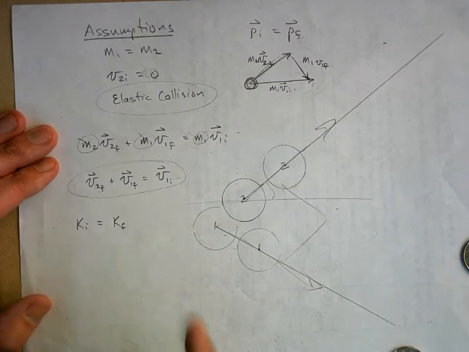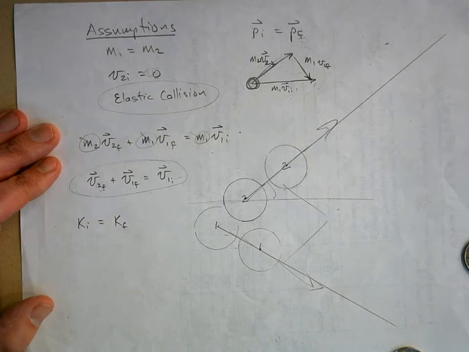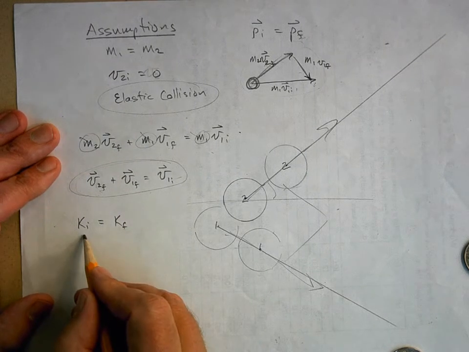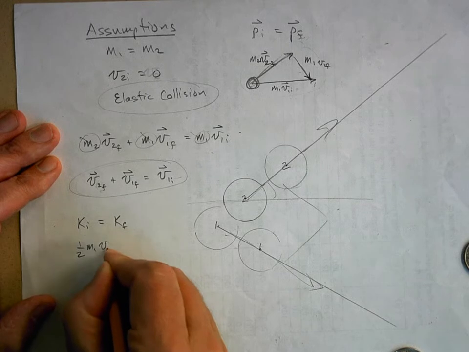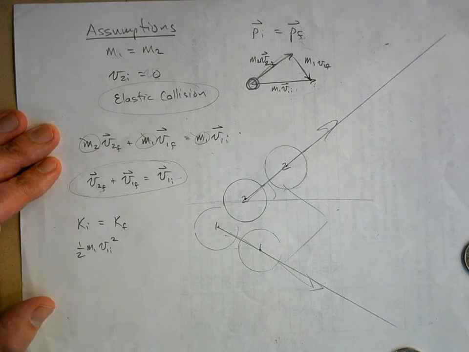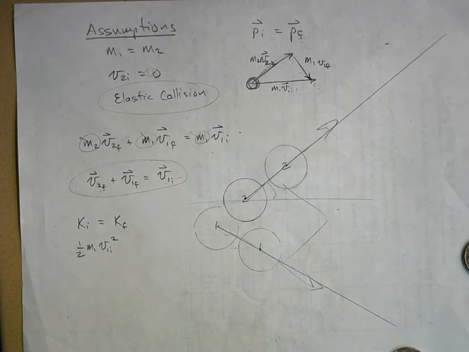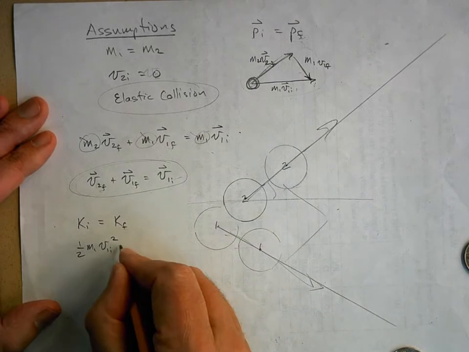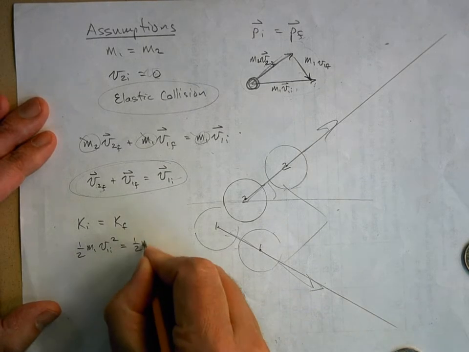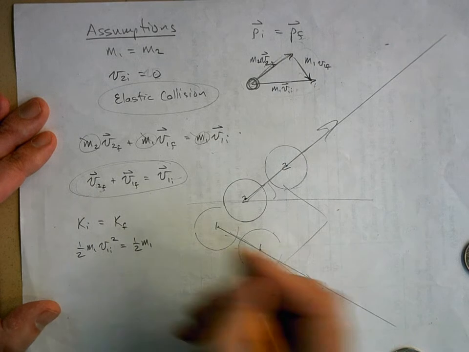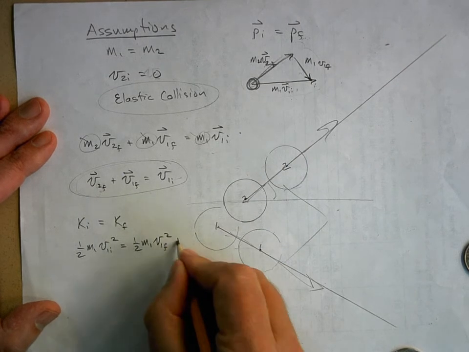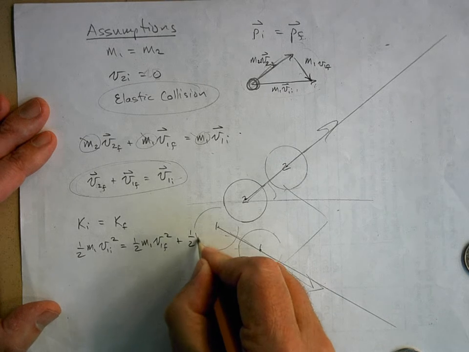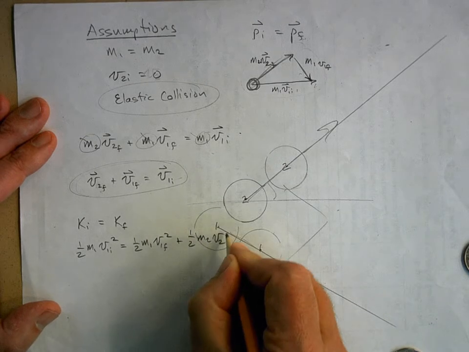Well, what's the initial kinetic energy? 1/2 M1 V1 initial squared. And remember, V2 was at rest, so it didn't have any kinetic energy. Equals 1/2 M1 V1 final squared plus 1/2 M2 V2 final squared.